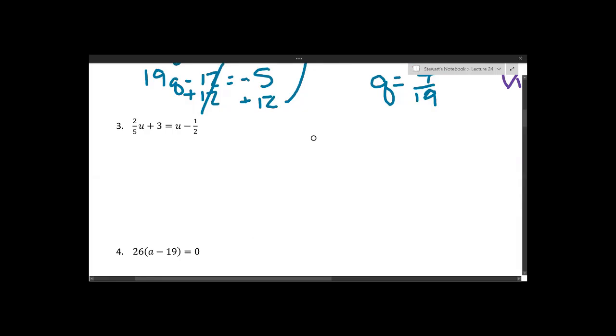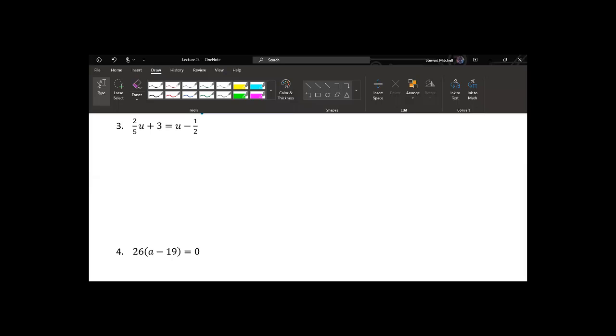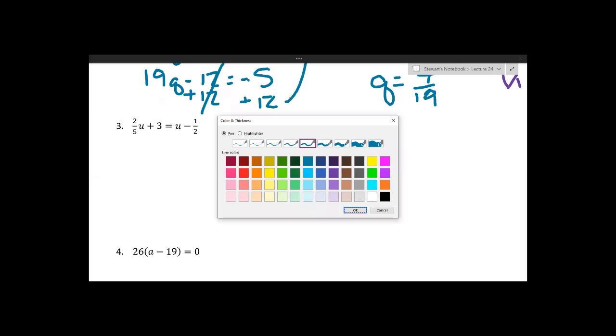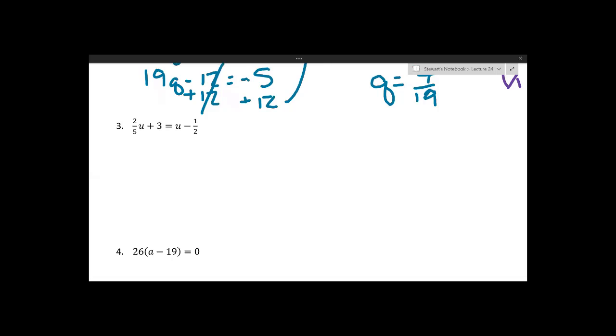Okay, so now we have 2/5 u plus 3 is equal to u minus 1/2. Okay, so we're in a similar situation that we were in at one point in the last problem, where we have variables and numbers on both sides. But we have the same variable on both sides, so we want to combine like terms again.